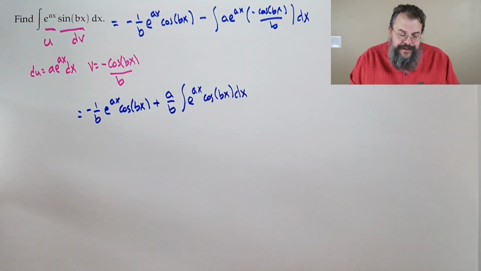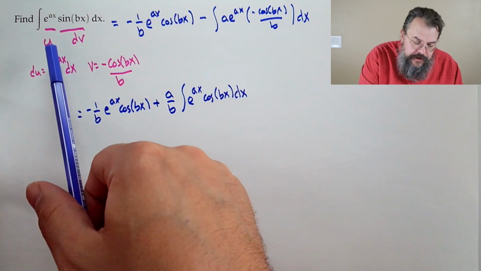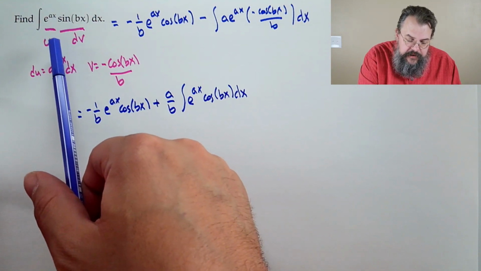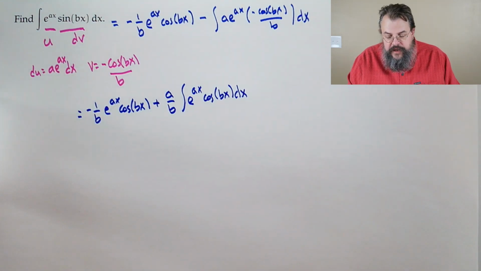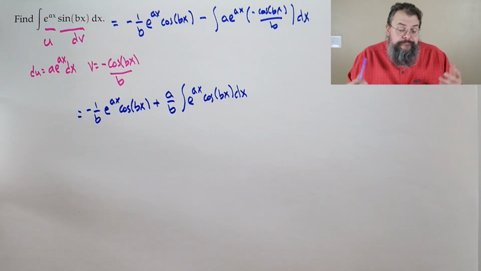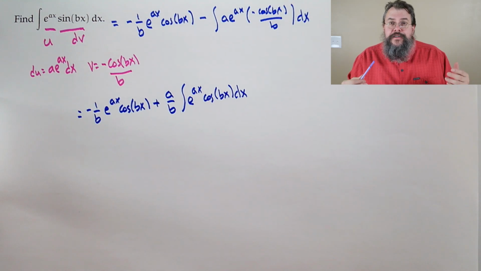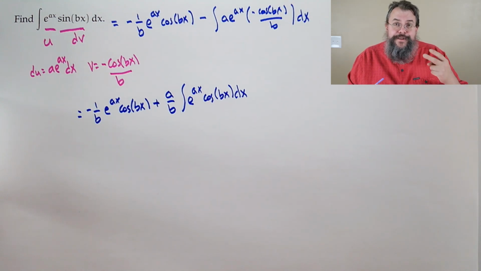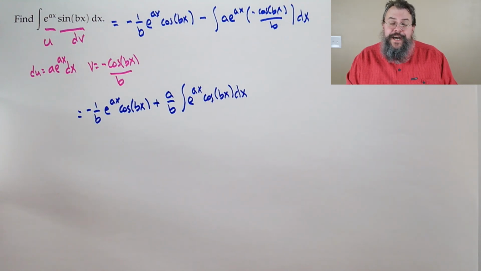Well, okay, we started with an integral that looked like e to the ax sine bx. Now we're at an integral that looks like e to the ax cosine bx. What should we do? Well, integration by parts is a technique so nice, let's do it twice, and let's see where we end up.